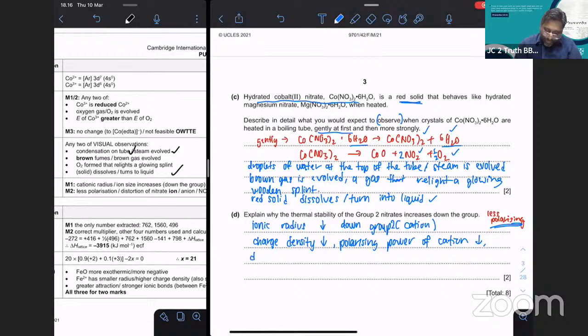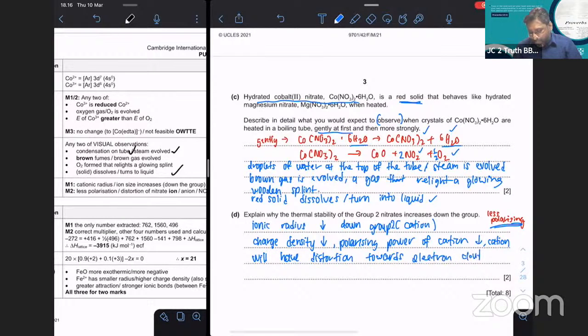The cation will have less distortion towards the electron cloud around the NO3 minus ion.